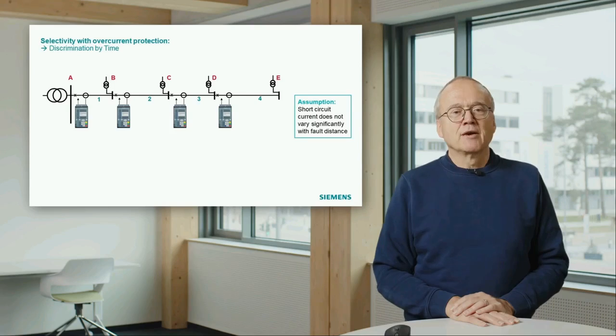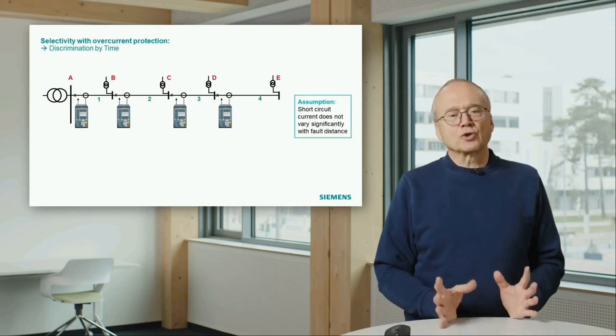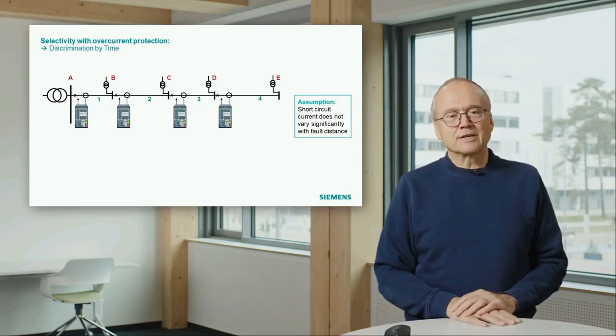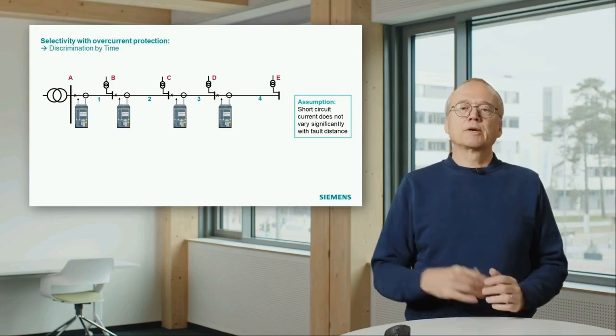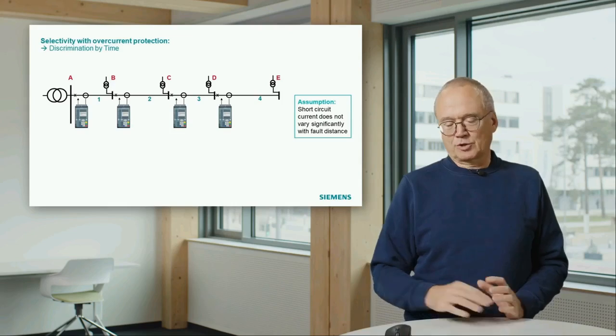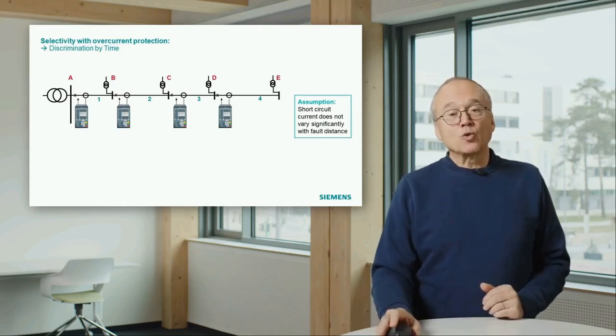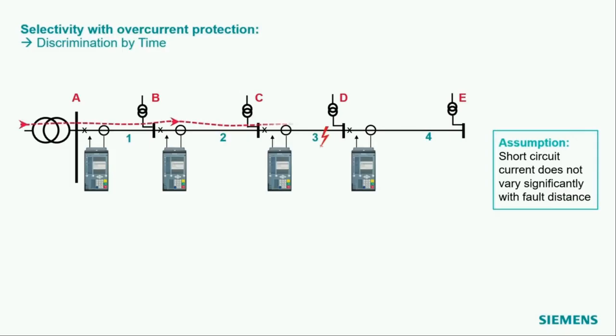That means whether we have a short circuit on cable 2 or cable 3 or cable 4, the short circuit current is nearly the same. And then on these intermediate stations, B, C, D, and E, we have transformers who do the step down into low voltage networks.